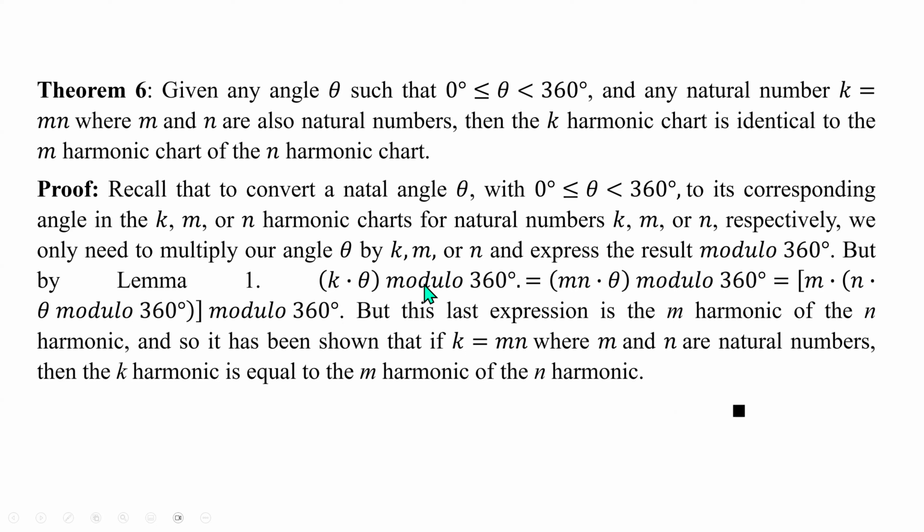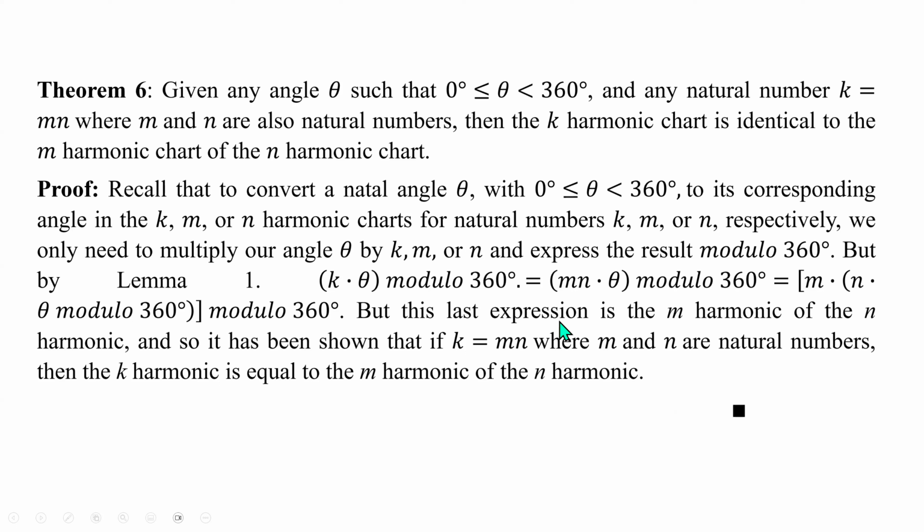We have that k times theta modulo 360 degrees is equal to m times n times theta modulo 360 degrees. But here's where Lemma 1 comes into play. That is equal to m times [n times theta modulo 360 degrees], this whole thing evaluated modulo 360 degrees.